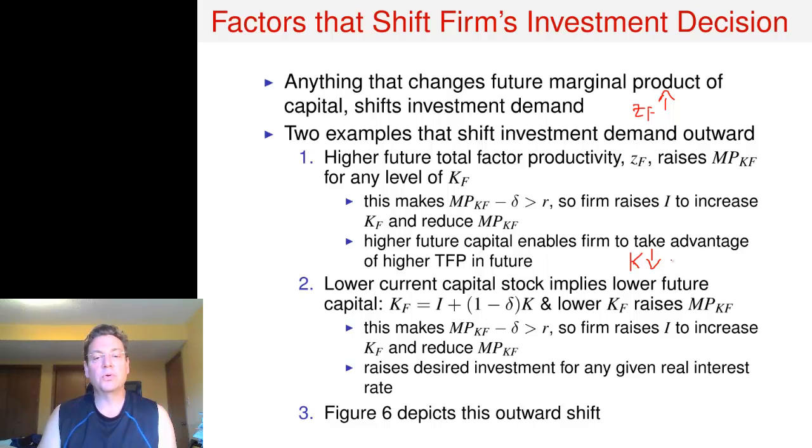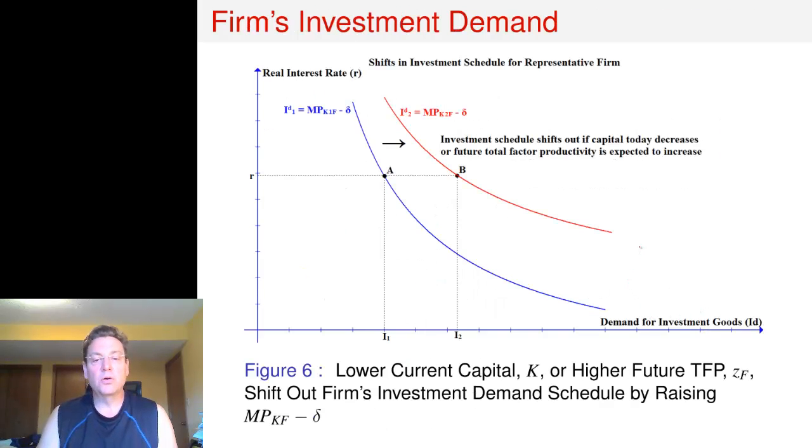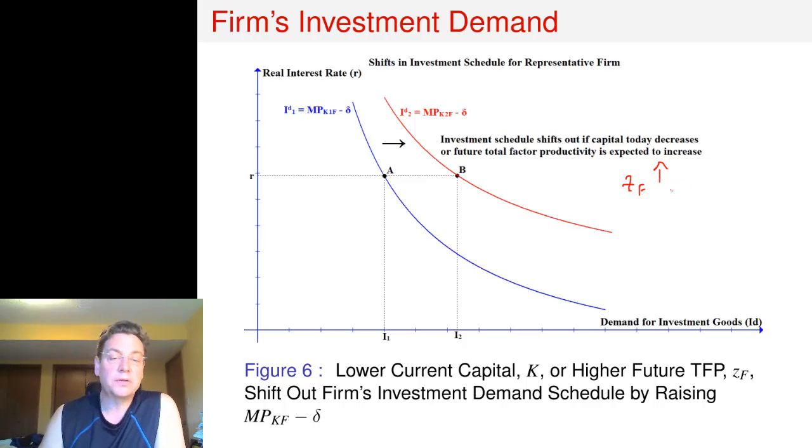Well, because if you go into the future with a lower capital stock, then you're going to have lower capital in the future, and that's going to make the marginal product of capital higher. So this graph shows what happens to the demand for investment goods if either you get higher productivity in the future, or you're expecting higher productivity in the future, or the capital stock that you go into the future with is lower.